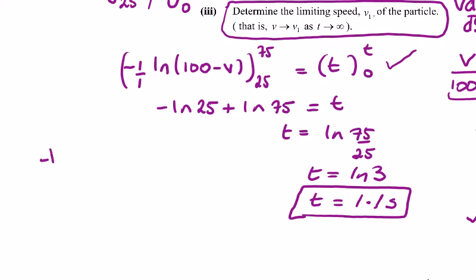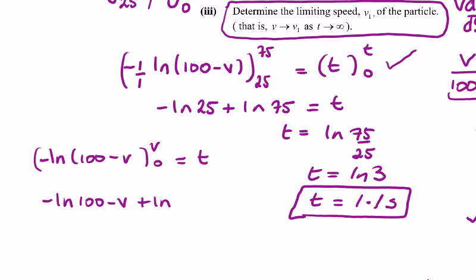We're going to get minus the natural log of 100 minus v between v and 0 is equal to t. So minus the natural log of 100 minus v, minus minus will be plus the natural log of 100 minus 0, just 100, is equal to t.